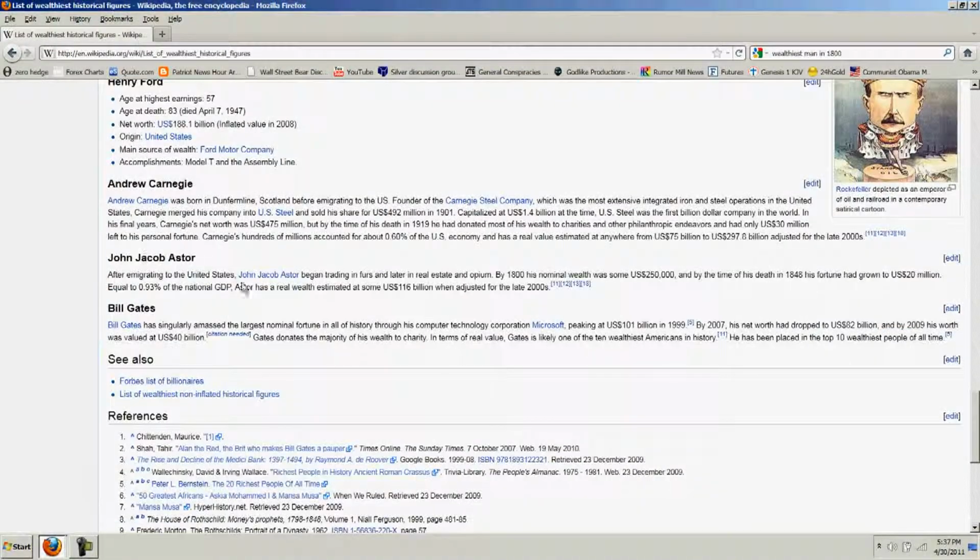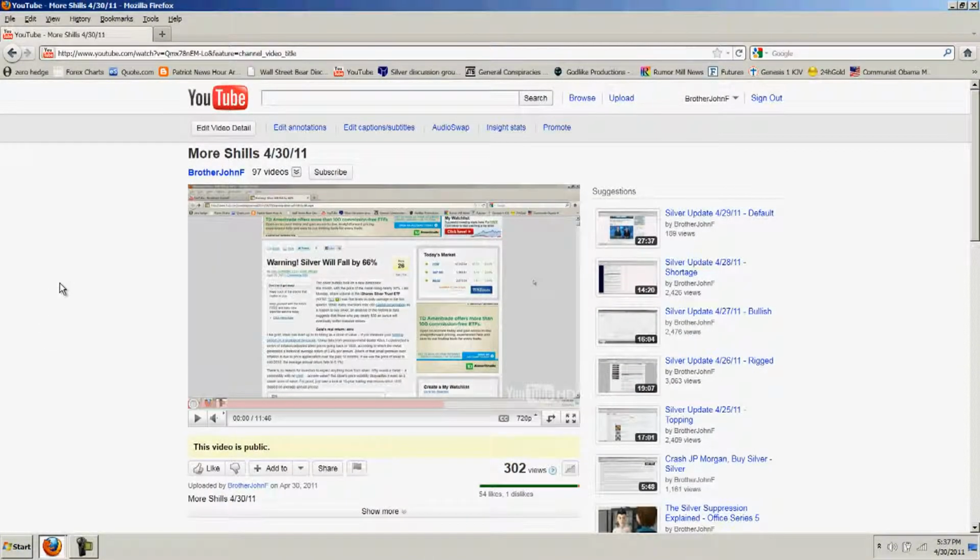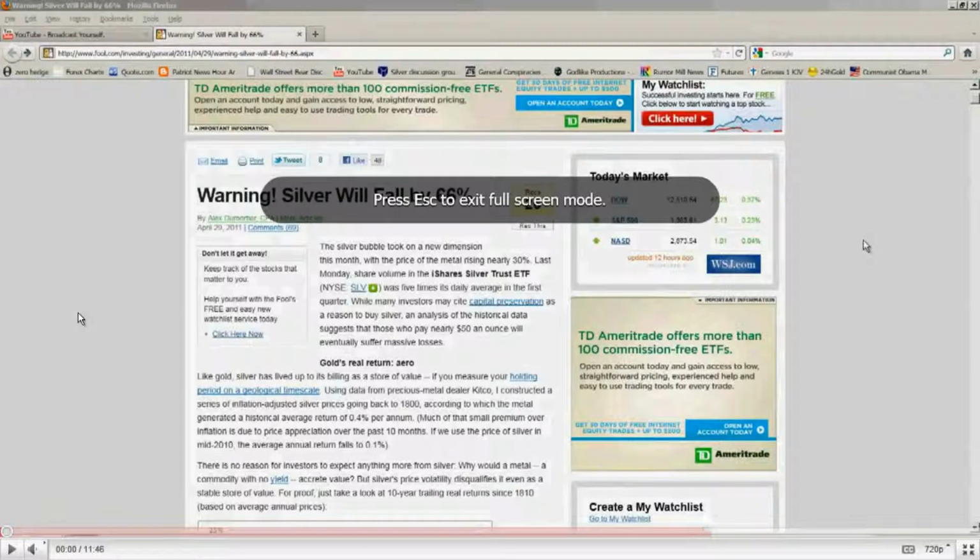We can look at John Jacob Astor. He had some $250,000 of wealth in 1800, and by the time of his death in 1848 it had grown to $20 million. Now go ahead and calculate that at 5 or 6 or 7% interest, what these people tell you they can return. But the point is that rather than proving that silver doesn't have a long-term return, what he's actually proven is that silver is the only thing that does.